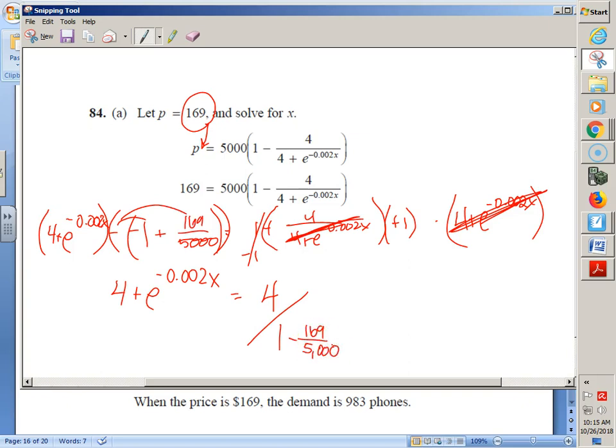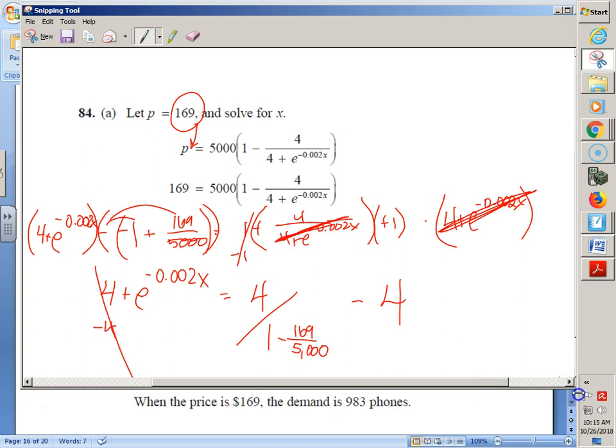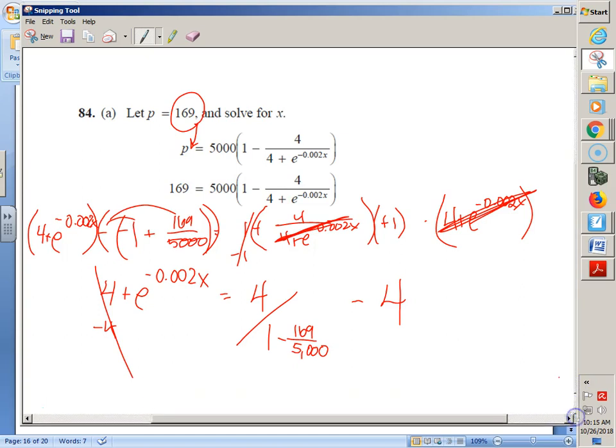I just hate going to my calculator over and over again. It makes me feel tied to it, so I'm just putting the numbers. I need to get to x, so what do I do? Subtract. How do I get rid of e? If I do ln, I think I would just get to -0.002x.